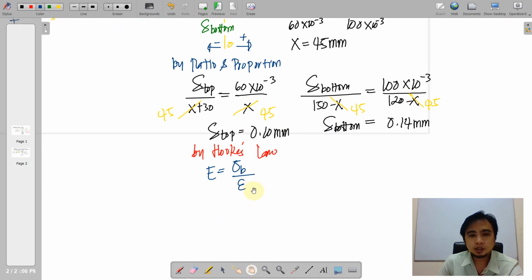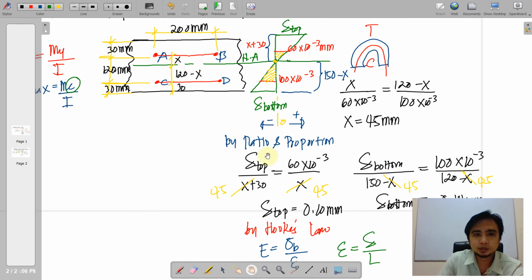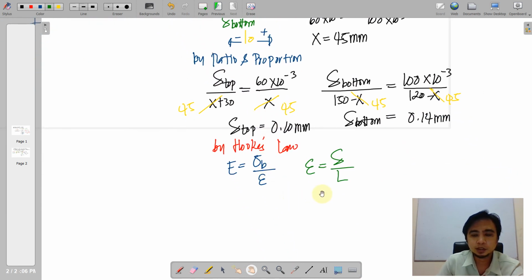So strain is expressed in terms of delta. That is actually delta all over L. So remember that the length here considered is 200 millimeters. Okay, so it is within the original length of 200 millimeters. So basically, the strain here will just be delta all over 200.